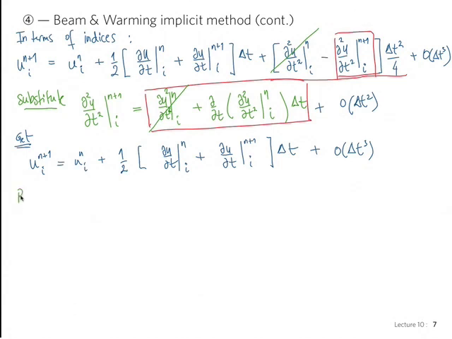Oh, here. For which du/dt is equal to minus dE/dx. So I'm going to rewrite it in this form just to show the order of the whole scheme, which is actually just second order.